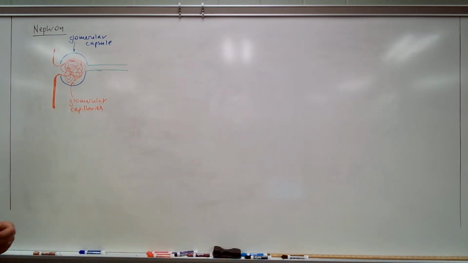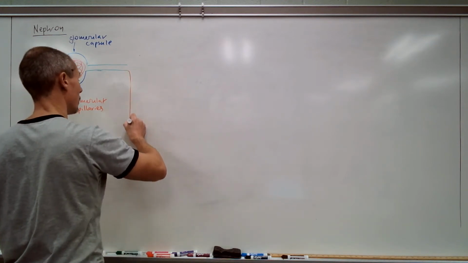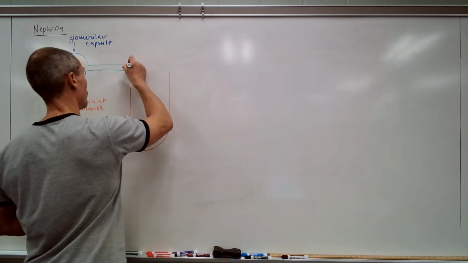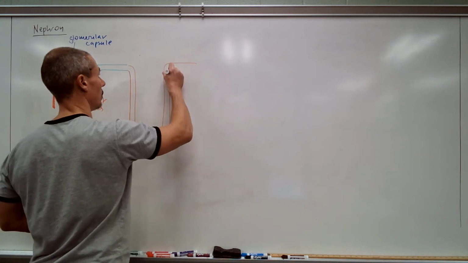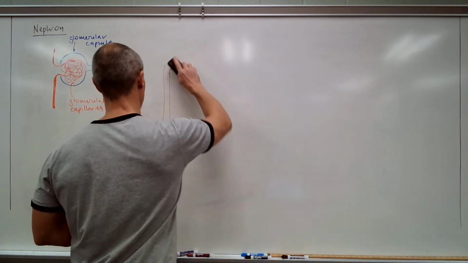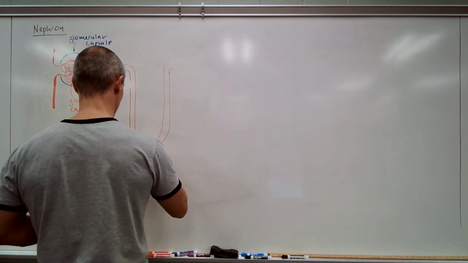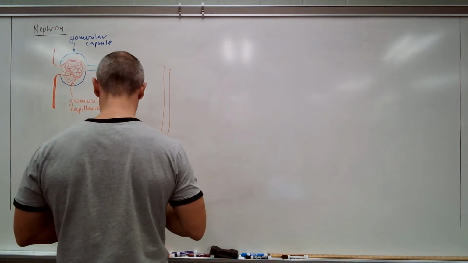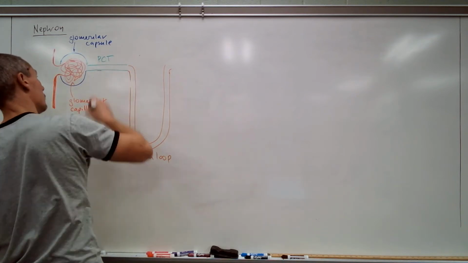Okay. Proximal convoluted tubule extends into the so-called nephron loop. This is nephron loop. This is proximal convoluted tubule.